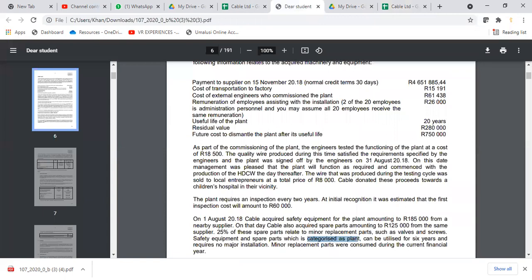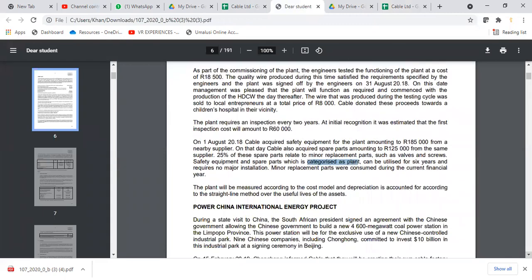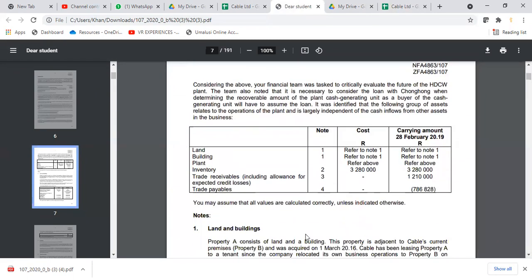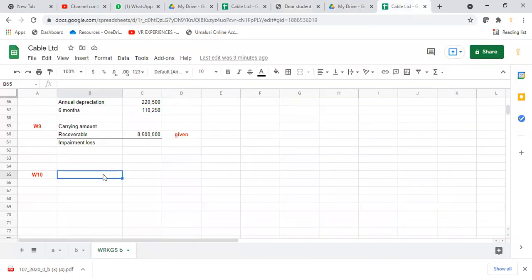Here are the assets in the CGU. We have land, buildings, plant.